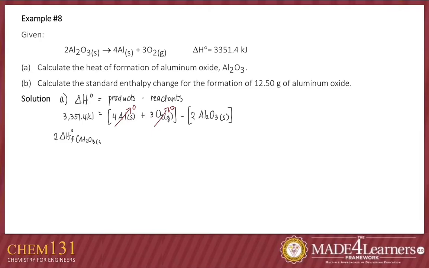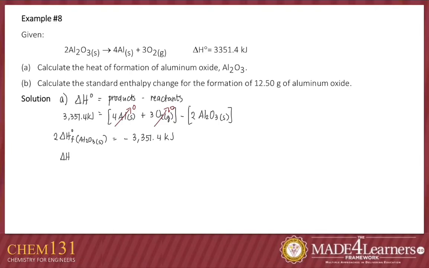That's equal to, we put solid, equals negative 3,351.4 kilojoules. But since there is still a coefficient 2 here, we are to divide the entire equation by 2.